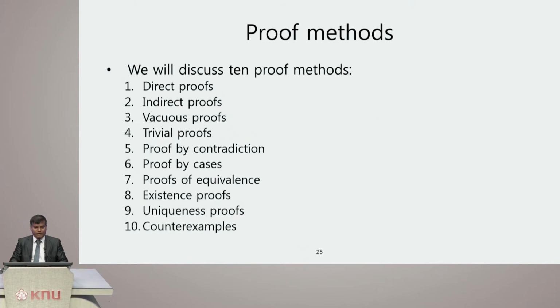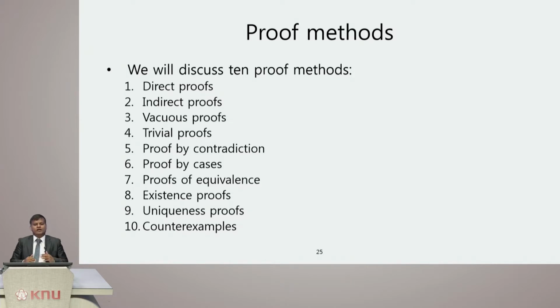There are a lot of different types of proofs available, and basically we will deal more with the first six: direct proof, indirect proof, vacuous proof, trivial proof, proof by contradiction, proof by cases. There are a few more, like proofs of equivalence, existence proof, uniqueness proof, and counterexample.